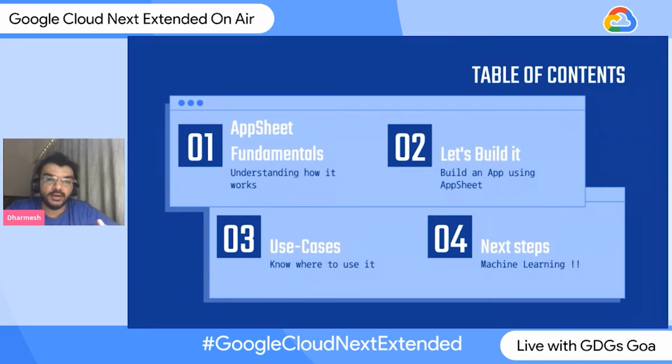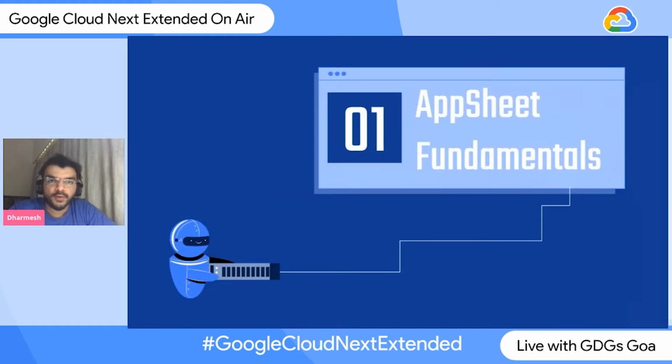You can say whether these can do machine learning, whether this can do predictive modeling, and so on and so forth. So that is what our next 20-25 minutes or half an hour would look like in terms of understanding the flow of the application, specifically in terms of the AppSheet platform. So let us start by understanding the fundamentals of this platform.